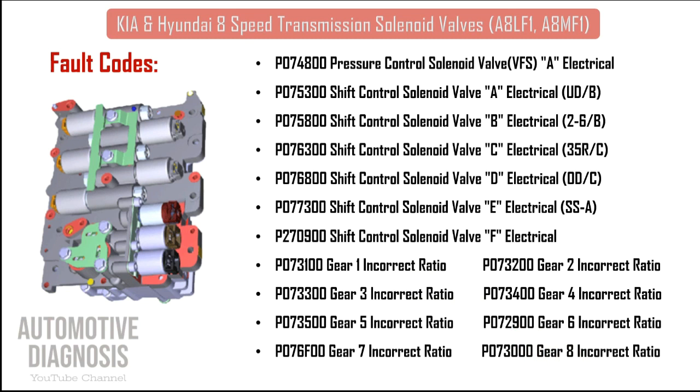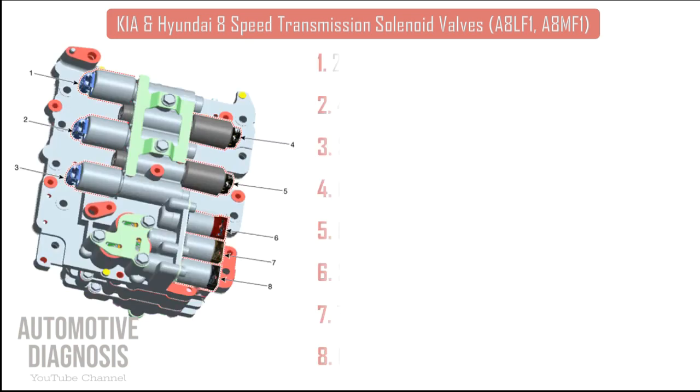So it's really important to know in what gear each solenoid valve is working, so we can find the possible cause. You can find which solenoid valve might be malfunctioning, and then you can go and fix it. So you see there are many different fault codes related to solenoid valve malfunction.